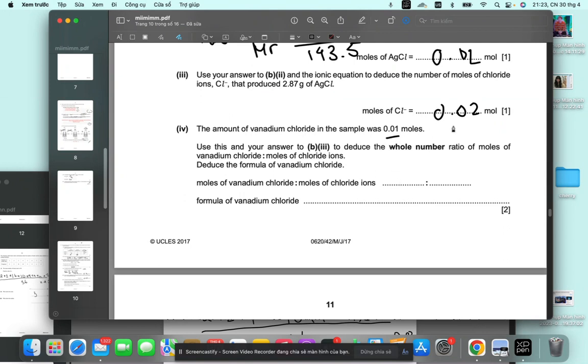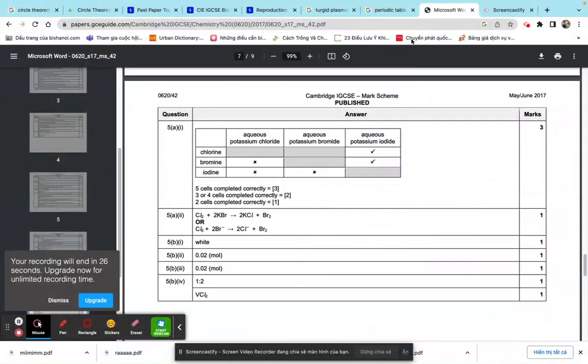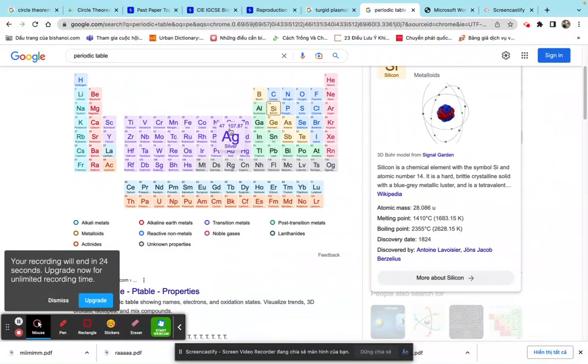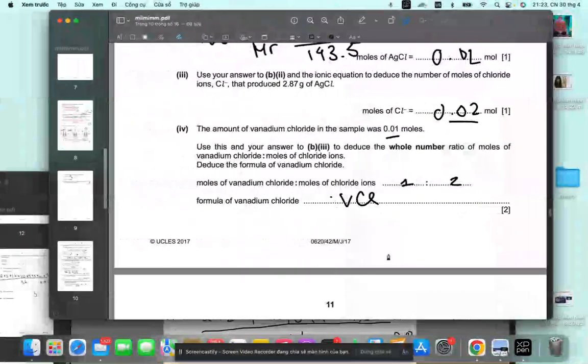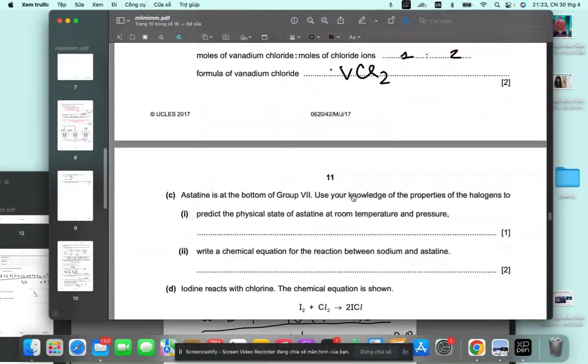So one of this would be equal to two of that, so it's 1 to 2. Formula of vanadium chloride. What is vanadium? Vanadium is V, I believe it's VCl. Well, that sounds like a funny name. VCl2, because 2 chlorides would be equal to 1 vanadium.